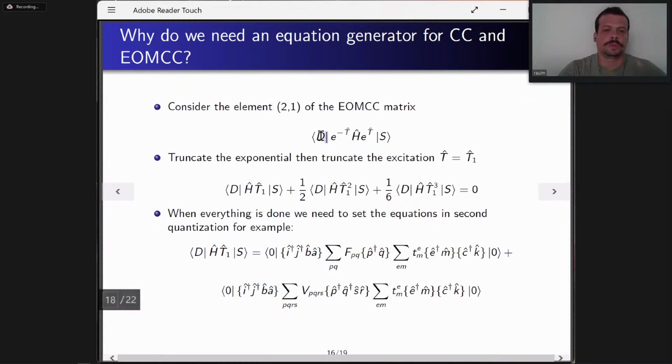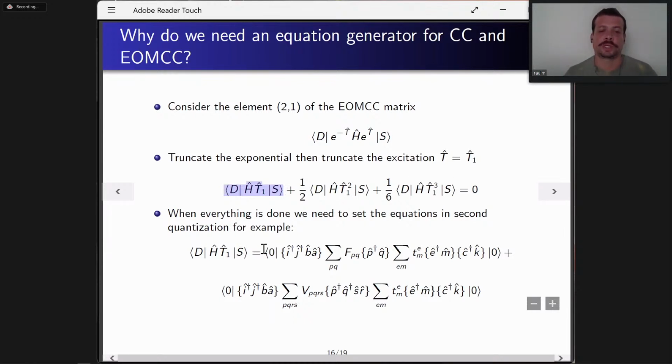The 2 will correspond to D and the 1 will correspond to S. To simplify everything, we will just consider T equal to T1. Again, following the recipe, if we do the Taylor expansion, we can truncate it here up to third order, because fourth order is 0 and zeroth order is also 0. So we have this expression. But okay, let's take again the simplest example of this expansion.